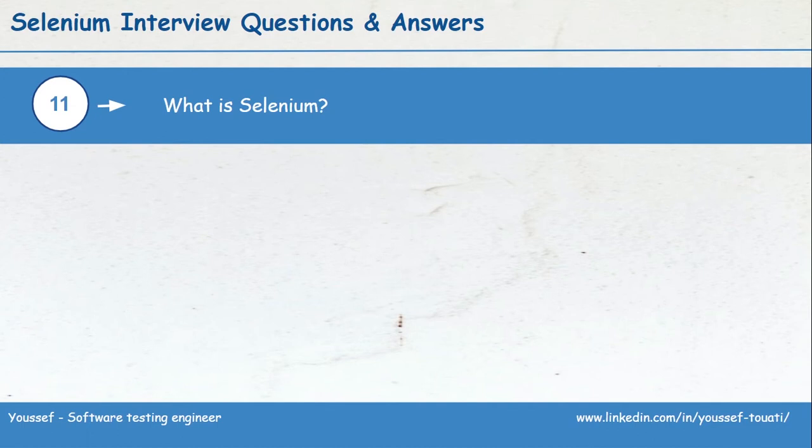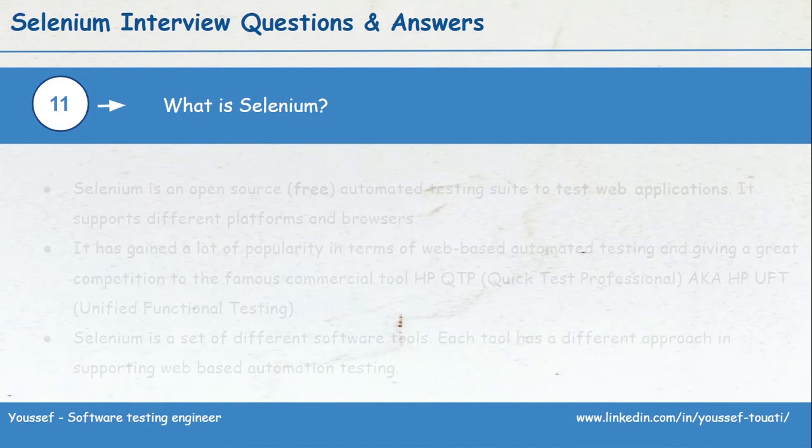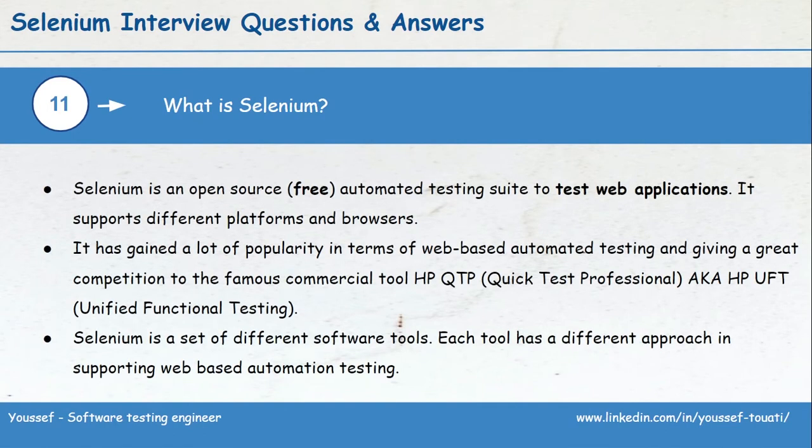Now, what is Selenium? What is Selenium in real life? Selenium is an open source, free, automated testing suite to test web applications. It supports different platforms and browsers. It has gained a lot of popularity in terms of web-based automated testing and given great competition to the famous commercial tool HP QTP.